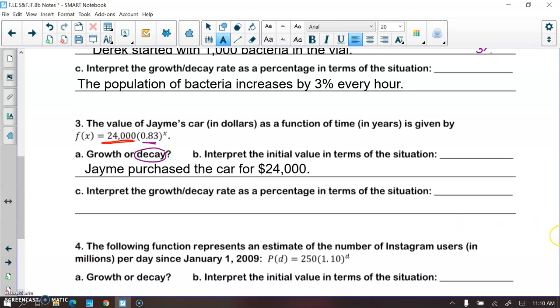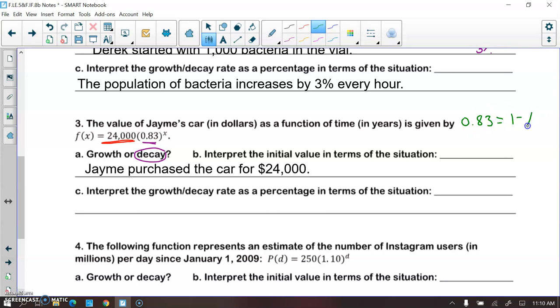Again, this is not 83%. We need to find our decay rate by setting up our equation. So the b value is 0.83. That's set equal to 1 minus the percent expressed as a decimal. Subtracting 1 from both sides, I get negative 0.17 is equal to my negative percentage expressed as a decimal.